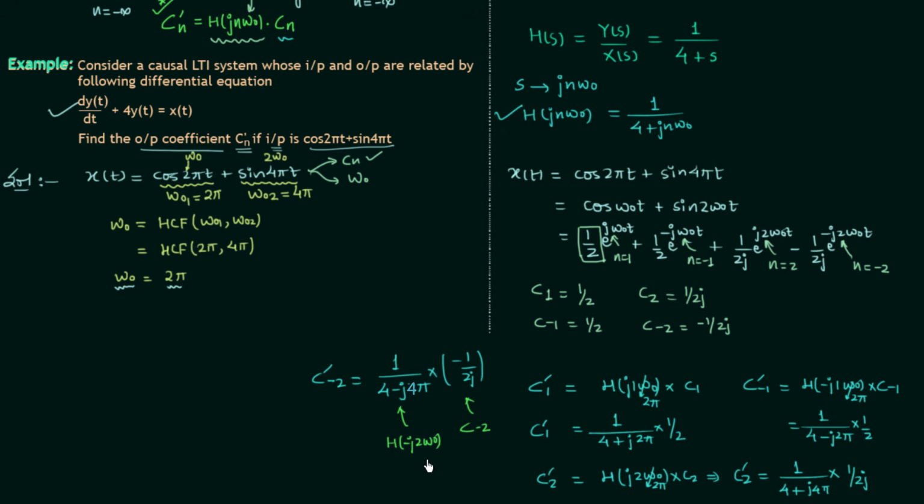So in this way we have calculated all the 4 non-zero coefficients of the output signal, c1', c minus 1', c2' and c minus 2'.